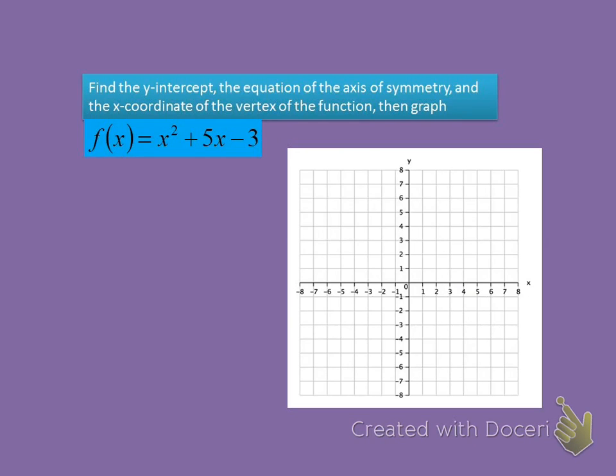Okay, so typo alert. Change that from 4 to 5. Make that x squared plus 5x minus 3. Now go about it the exact same way. Negative b over 2a always goes first.